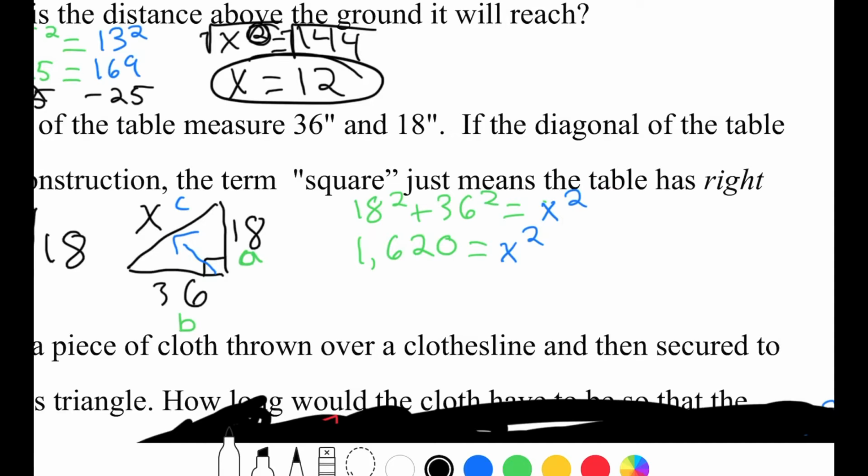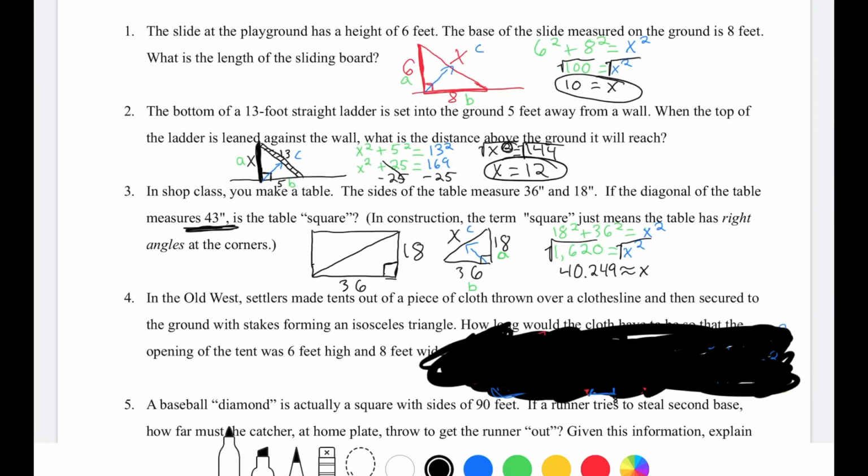Solving for x, we take the square root, and we get approximately 40.249 for our x.